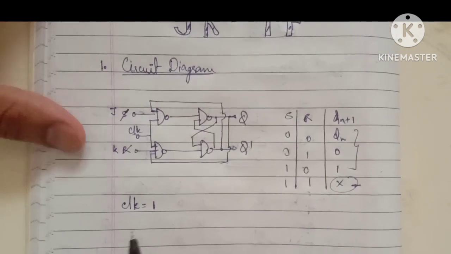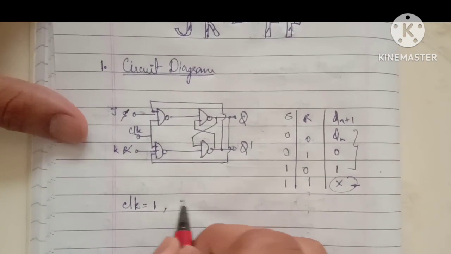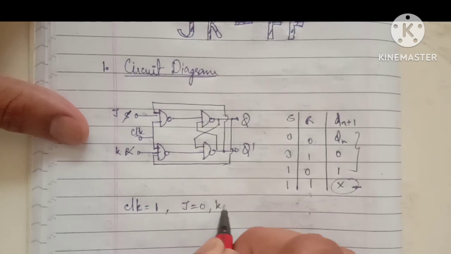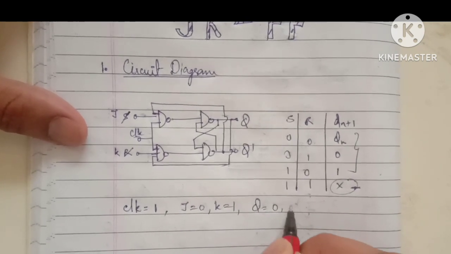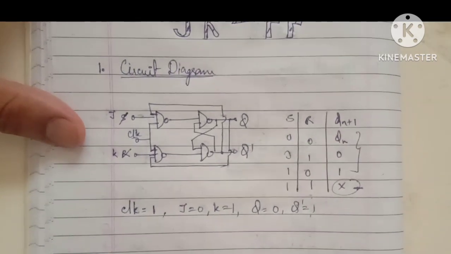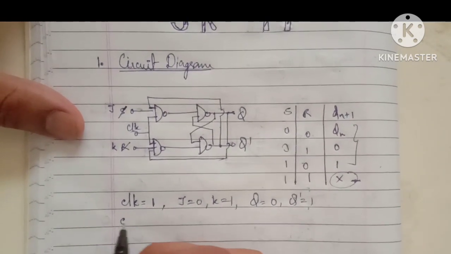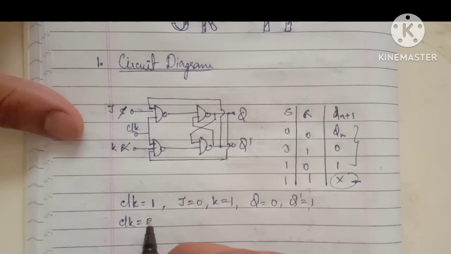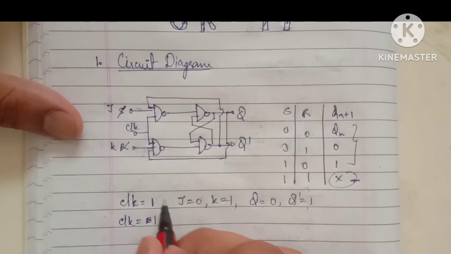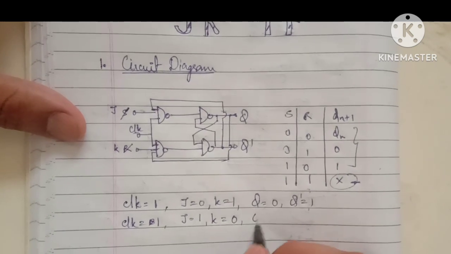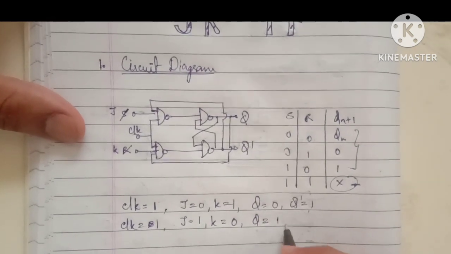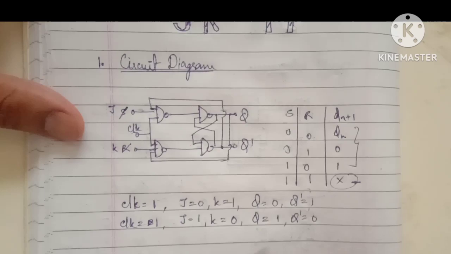If we provide a clock, then when J is equal to 0 and K equal to 1, you will get Q equal to 0 and Q dash equal to 1. Same thing will happen for the JK flip-flop. Similarly, clock equal to 1 means active, then J equal to 1, K equal to 0, you will get the value of Q as 1 and Q dash equal to 0.